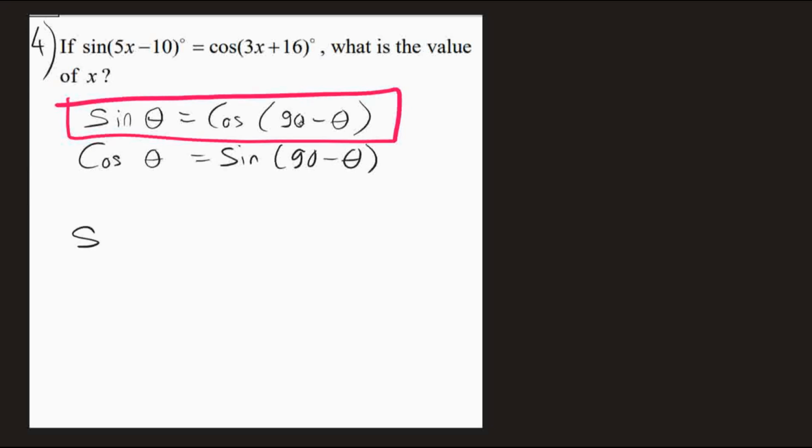Sine theta in here is 5x minus 10, equals cosine of 90 minus theta, where the theta is 5x minus 10.